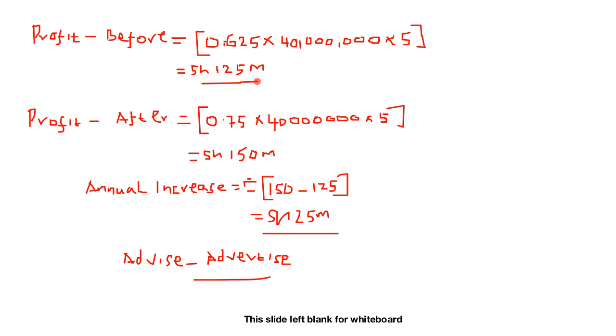But if they rebrand and advertise, the profit will increase to 150 million. So the probability that in the next period, if they continue with advertising, this amount increases to above 150 million is almost close to 1. So we should advise them to advertise.